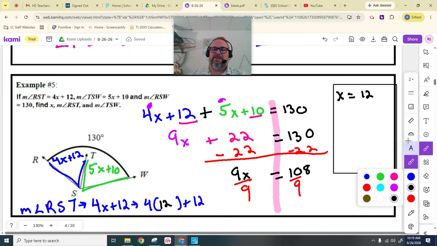All right, so our measure for angle RST is 60 degrees. Okay, now 2 ways that we could find the next one.